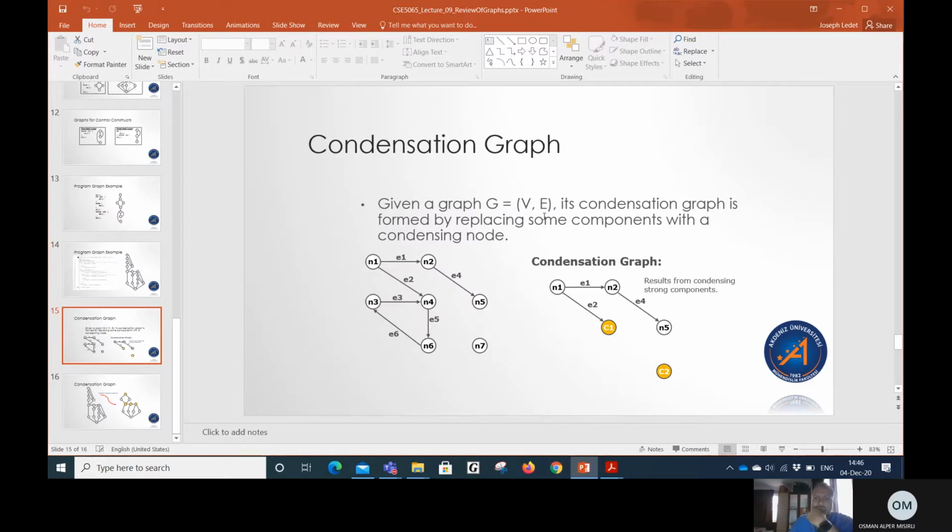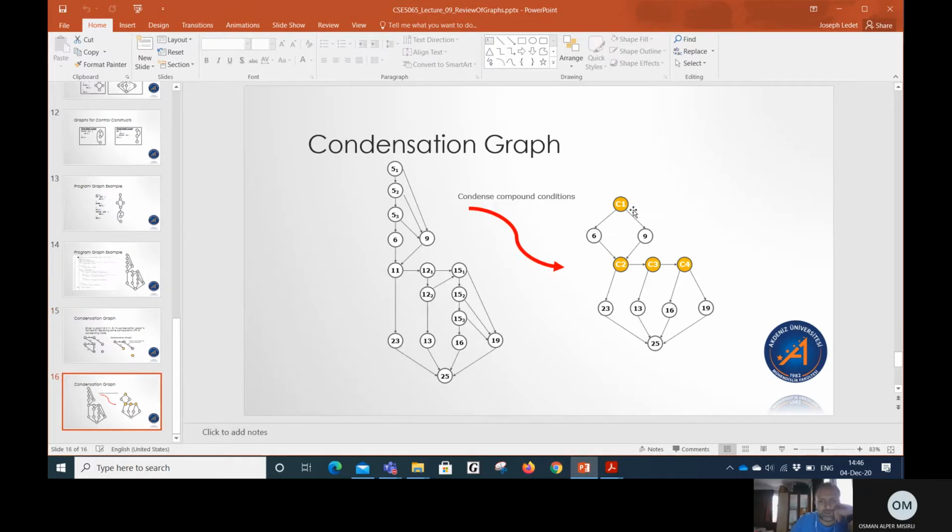One other thing is we can also have a condensing node, this condensation graph, where we take some components and we condense them. So if we look at this here, we could condense this down to a single node. The reason being that it's one bounded region, and so in a way, it's what's going on with this here.